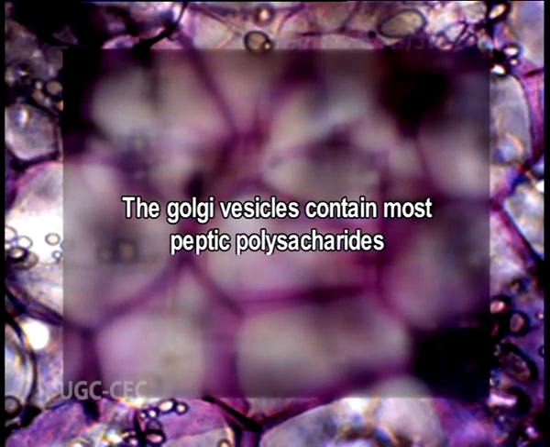The membrane of the vesicle becomes the new cell membrane. The Golgi body synthesizes the non-cellulosic polysaccharides. At first, the Golgi vesicles contain mostly pectic polysaccharides that are used to build the middle lamella. As the wall is deposited, the other non-cellulosic polysaccharides are made in the Golgi apparatus and transported to the growing wall.